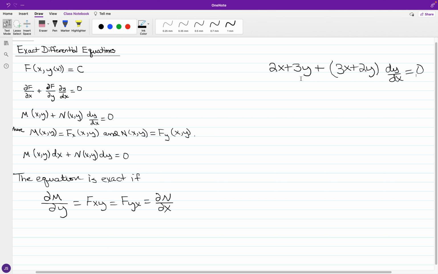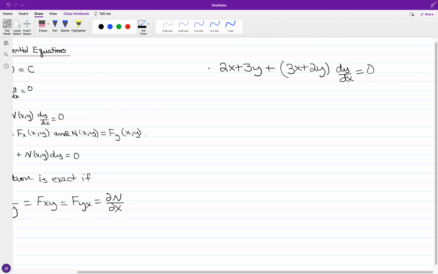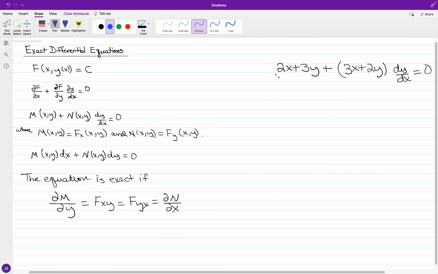You notice we have 2x plus 3y plus the quantity 3x plus 2y dy over dx equal to 0. Notice we have this format here. So 2x plus 3y is going to be your m of x and y, and 3x plus 2y is going to be the n of x and y.